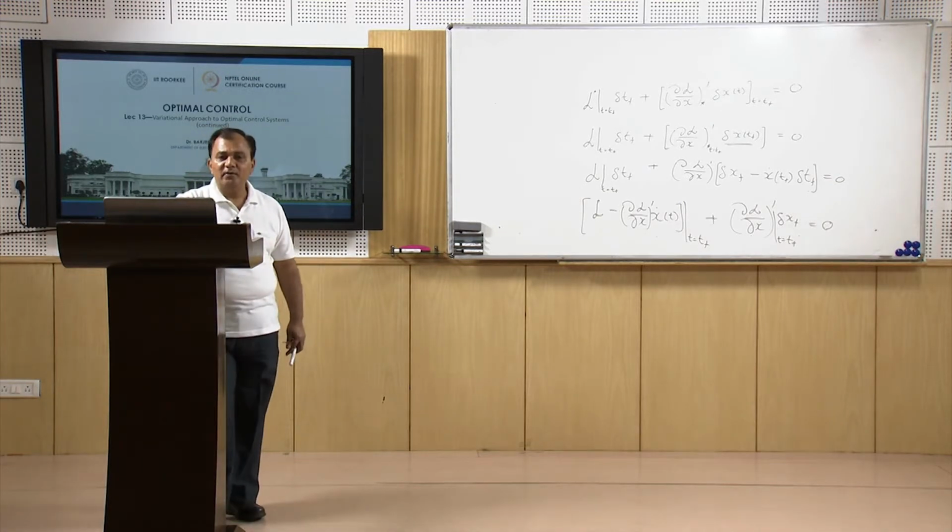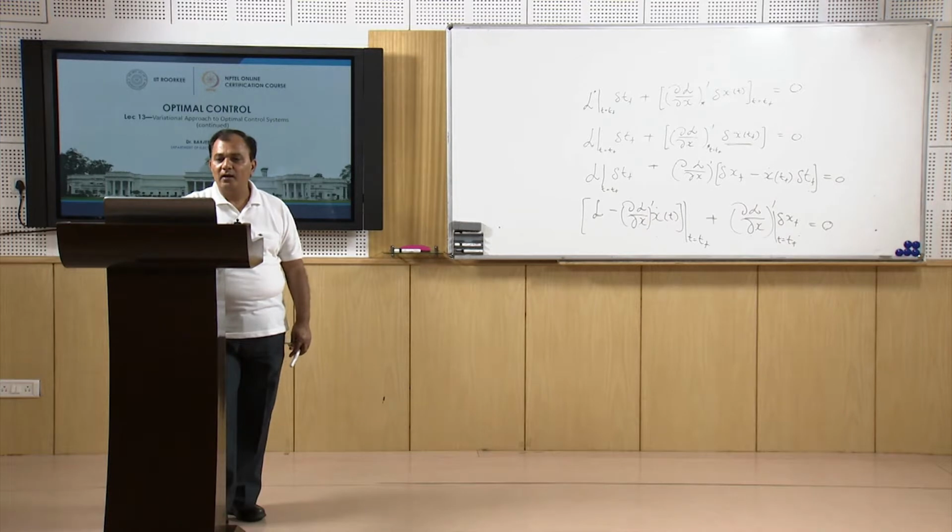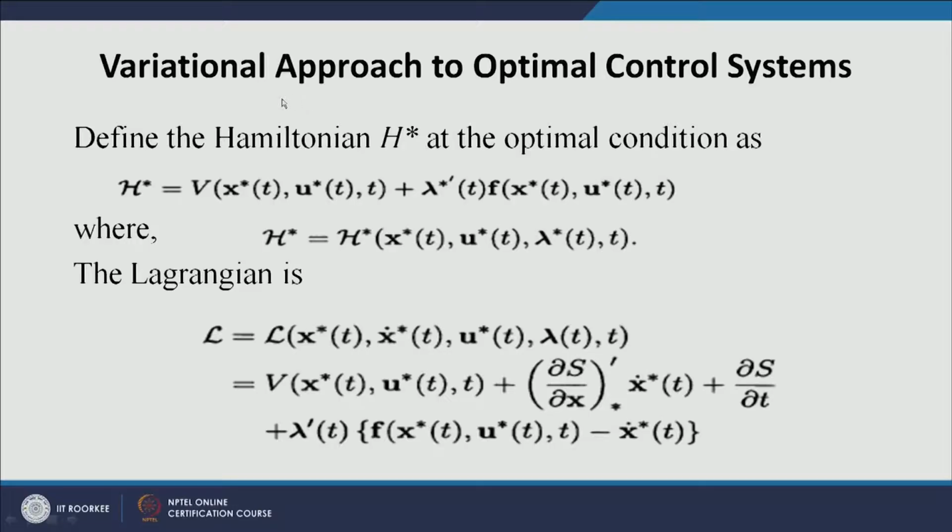This can further be simplified if we define a term called Hamiltonian. Hamiltonian is defined simply as v plus lambda prime f, where v is the integrand of my performance index, while f is nothing but my state equation.